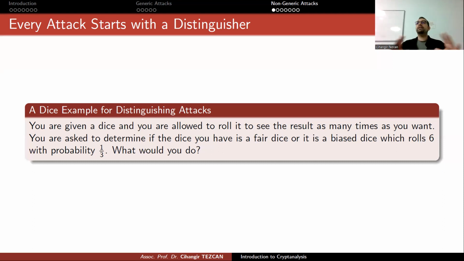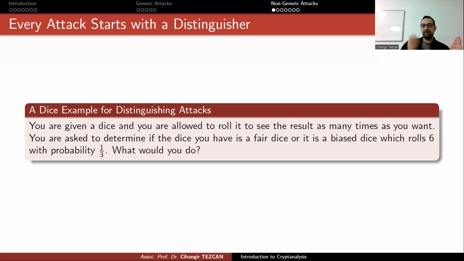So if you increase n, these expected values will be more distant from each other, right? This is the good thing. So the higher the n is, the better for the distinguisher. But increasing n will take a lot of time. So our aim is to find an optimum value where I can distinguish it. In this scenario, one expected value is n/3, the other one is n/6.